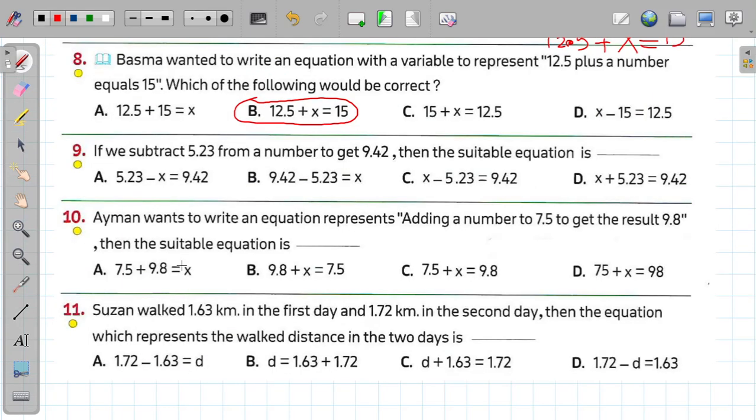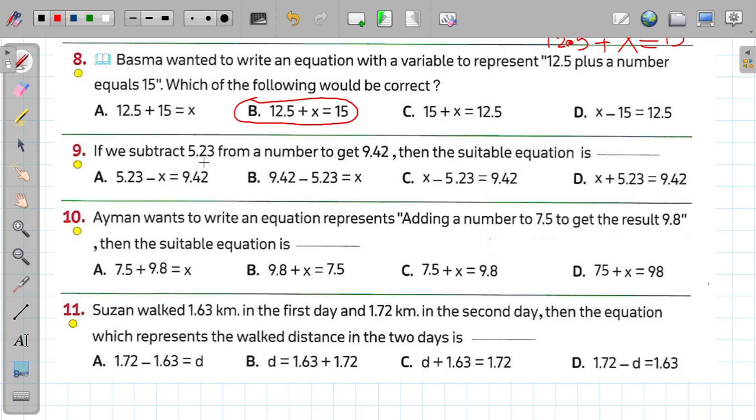Next, number 9. If we subtract 5.23 from a number to get 9.42, then the suitable equation is what?